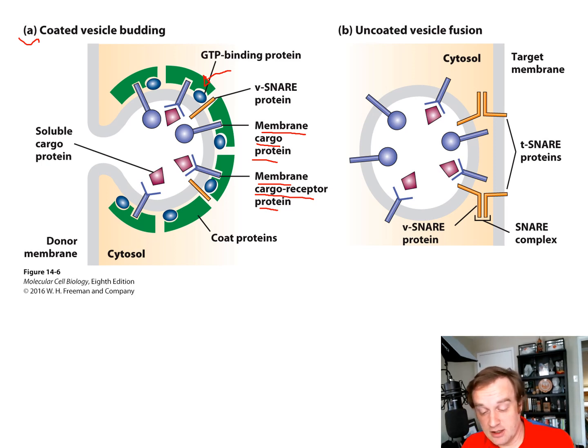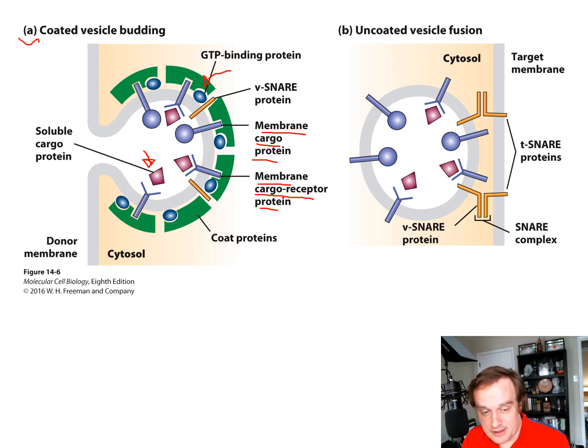They're transmembrane proteins, so they'll bind to the cytosolic domain. Some cargo proteins act as receptors to bind soluble proteins in the lumen, so that's what these membrane cargo receptor proteins do. So they aid in attaching to the non-membrane bound proteins that need to be trafficked, the cargo that isn't in the membrane.